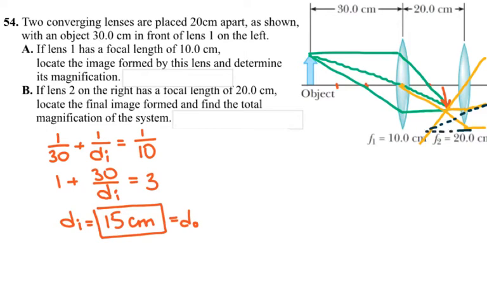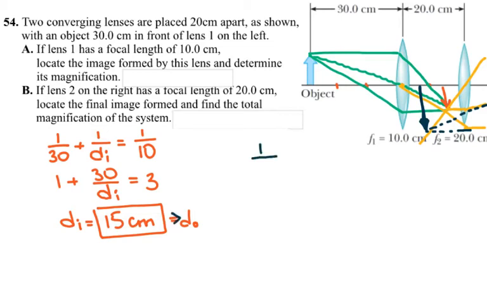So you see the image for the second lens is going to be virtual, and it's going to be on the same side where the object is, and the object is in red. So let's calculate this. We should get the distance to the image negative. So for the second lens, we have 1 over the distance to the object.